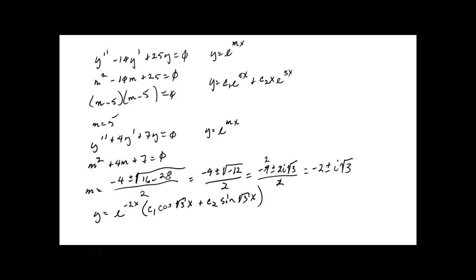Case 3, exactly. When the discriminant is less than 0. If that was a negative 12, you're going to have to go to case 3 here. But the good news is the minus sign comes out as the i, and the 4 comes out as a 2, and it leaves you root 3. And then the 2 gets divided out because of the 2 in the denominator. It was originally a minus 4, but it got reduced to a minus 2.